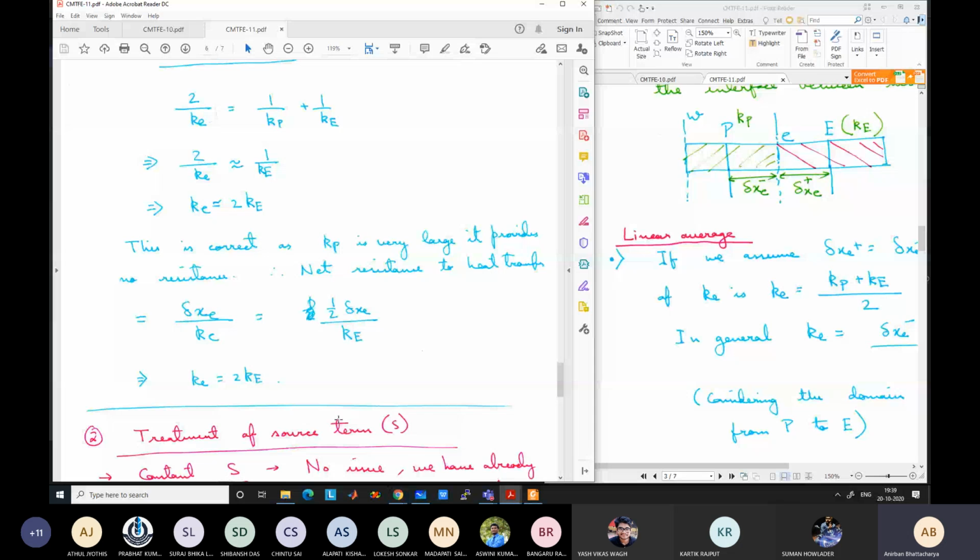So that's why we should try to take harmonic mean in most of these cases. We still take linear mean, meaning arithmetic mean, in many cases.